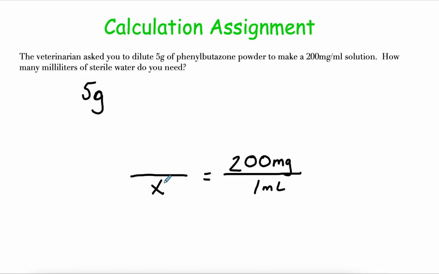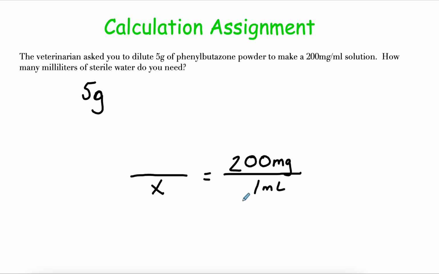Now, the thing about proportions that you need to remember is that the units must always match. So in this particular one, we have our concentration in milligrams, so we need to convert this 5 grams into milligrams for this problem to work out okay. We could also change this 200 milligrams to grams and put the 5 grams in there. Doesn't really matter. We're going to get the same answer, but they have to be the same unit.